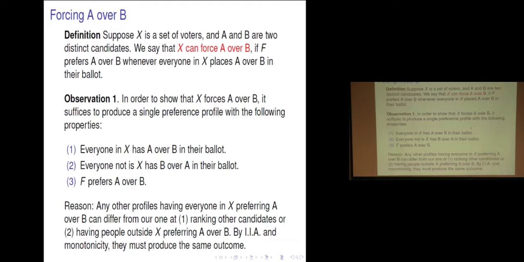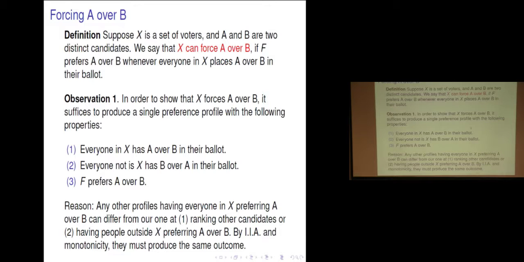So people in group X might put C above A or put C less than A, so it didn't mention this, right? But it doesn't matter, because of this IIA. What you do about C and D is irrelevant. We only care about A and B. So we don't need to consider C, D, E, and so on and so forth.